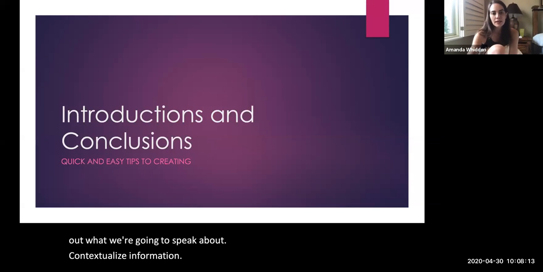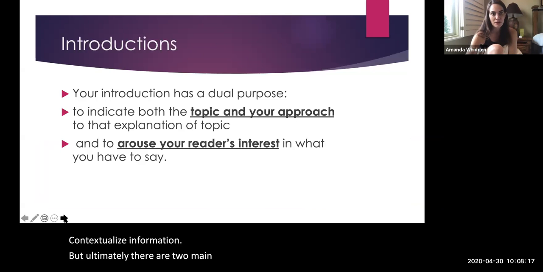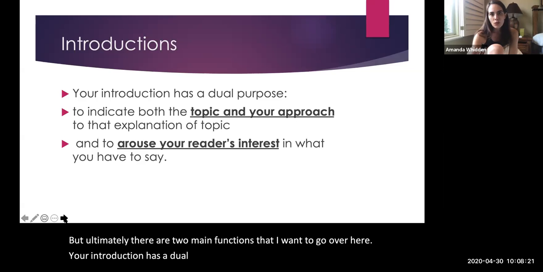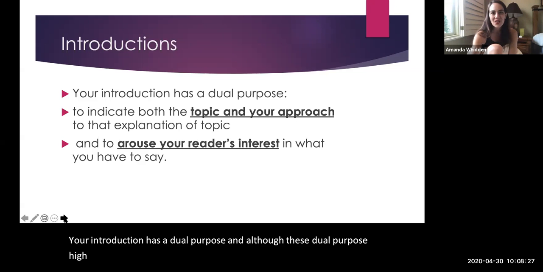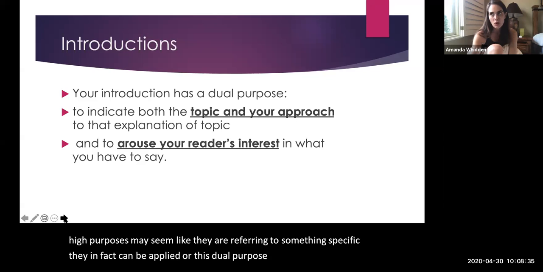But ultimately, there are two main functions that I want to go over here. Your introduction has a dual purpose, and although these dual purposes may seem like they are referring to something specific, they in fact can be applied to the whole of an introduction.